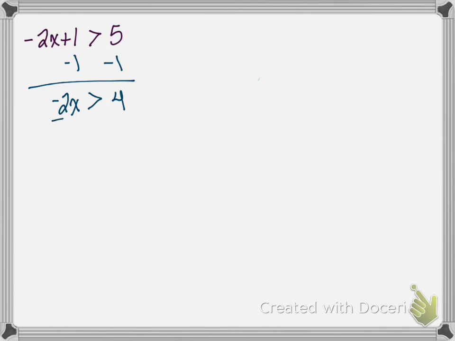My next step is to divide by negative 2. So I end up with x and negative 2. But I want us to look right here. What did I divide both sides by? Negative 2.